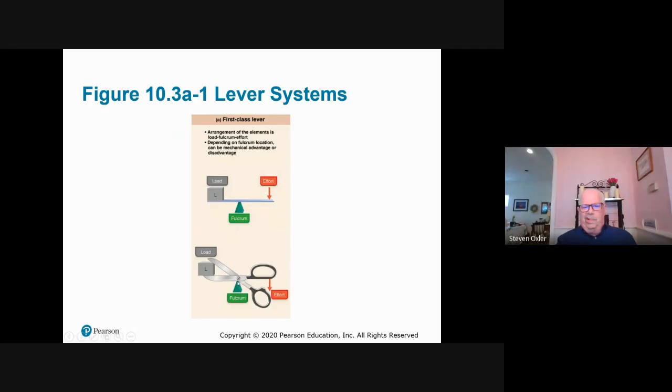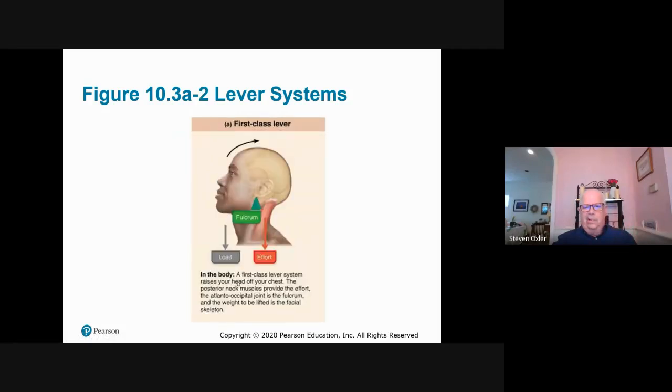That's a first class lever. One of the muscles that acts as a first class lever is the muscle that moves your head, the sternocleidomastoid muscle.